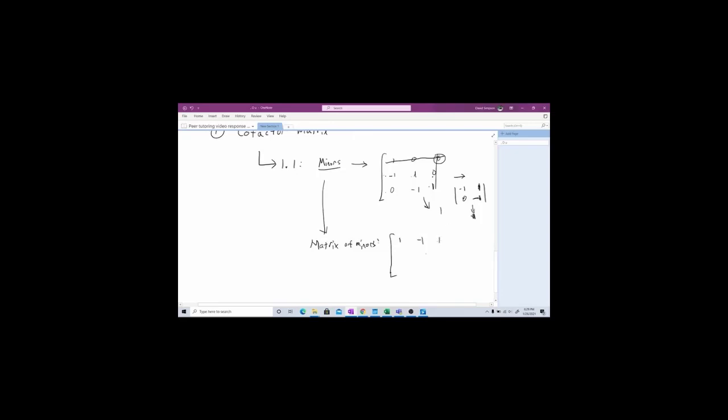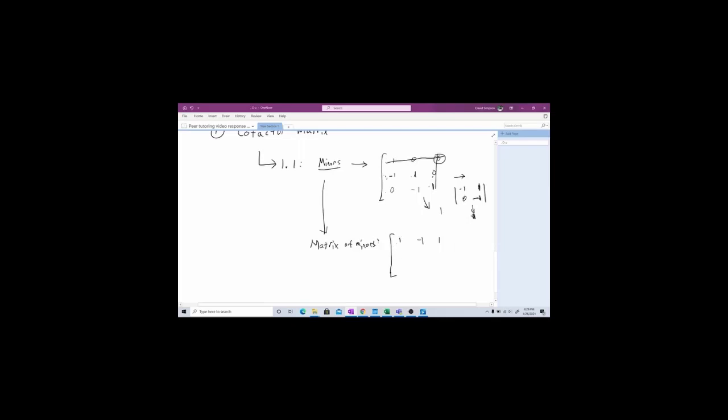And that's what goes here. And so for each one of the numbers in the original matrix, we're going to do that exact same process. Cross out the same row, cross out the same column, take what's left of the matrix and put it in a smaller matrix, which will be 2 by 2 in this case, and then take the determinant of that, and that's what goes in that position.